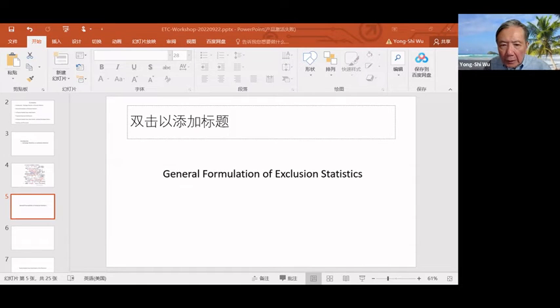So in the usual bosons or fermions, this G effective is independent of n. However, when alpha is not equal to 0 and 1, we have a linear dependence of G effective on n.